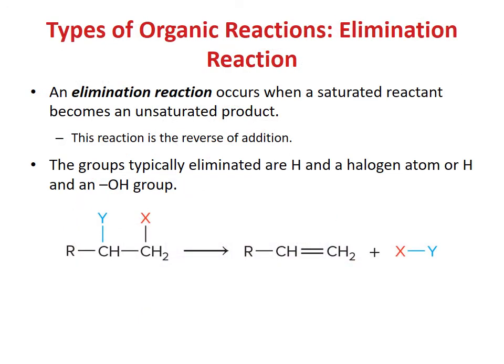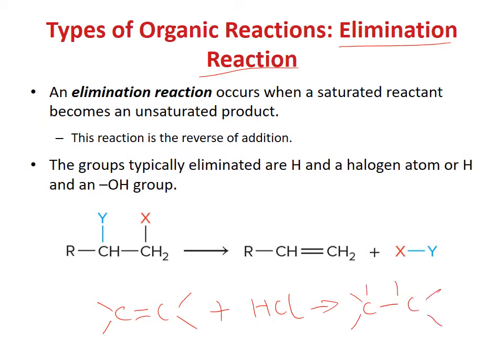A second type of organic reaction is called elimination reaction. Remember, a double bond can undergo addition reaction. So you add HCl, and the pi bond breaks, forms a single bond, and then two atoms are added. One is hydrogen, one is chlorine. So this is called addition reaction.